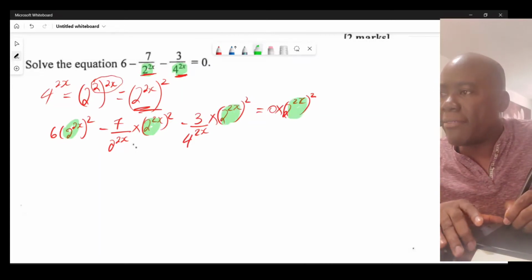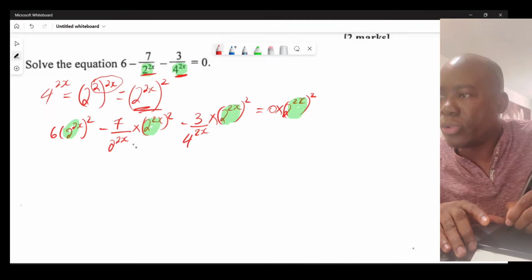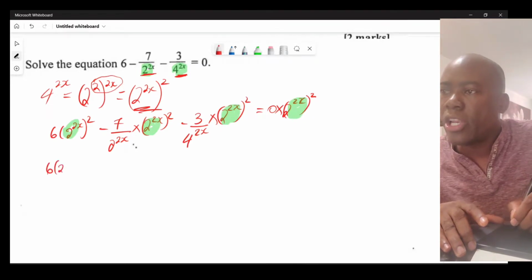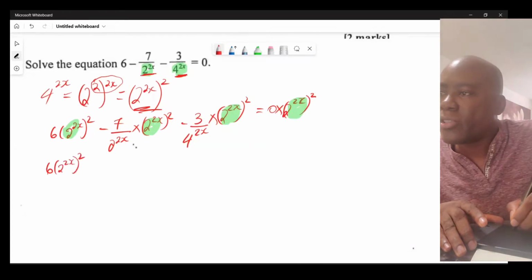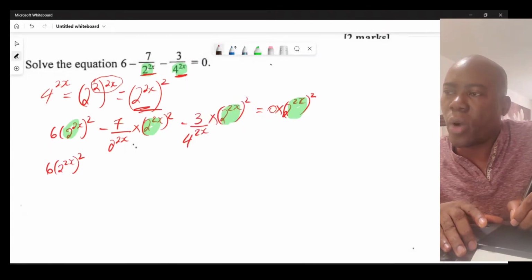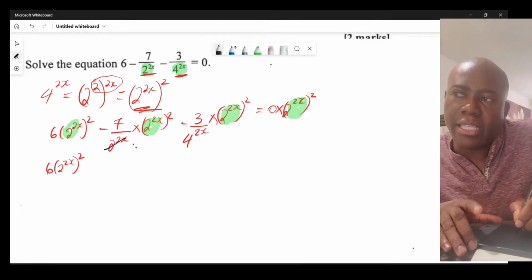Technically, I will have 6, and then the same thing here, 2 raised to the 2x squared. Now when I reach here, some cancelling will be going on. You would see that 2 raised to the 2x into itself one time is going to cancel the square, leaving just itself there, because this was the square of it.